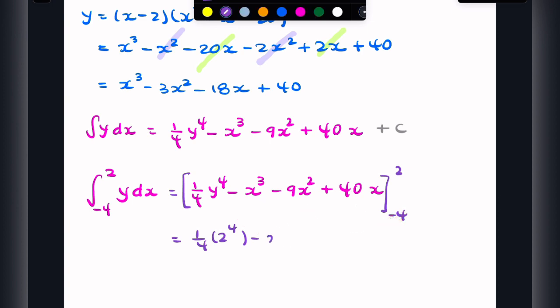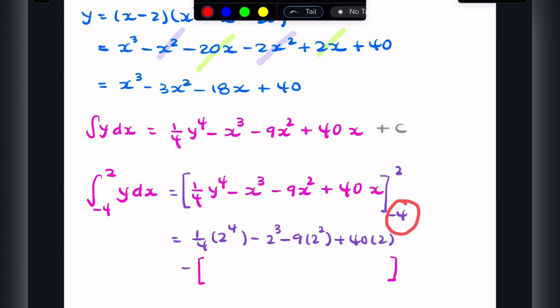So minus 2 to the power 3 minus 9 times 2 squared plus 40 times 2 minus, and then it's essential that you have brackets, and then you do the same, but this time with minus 4.